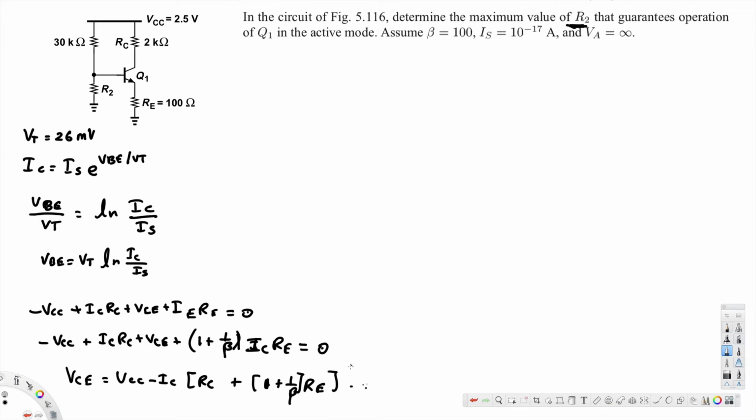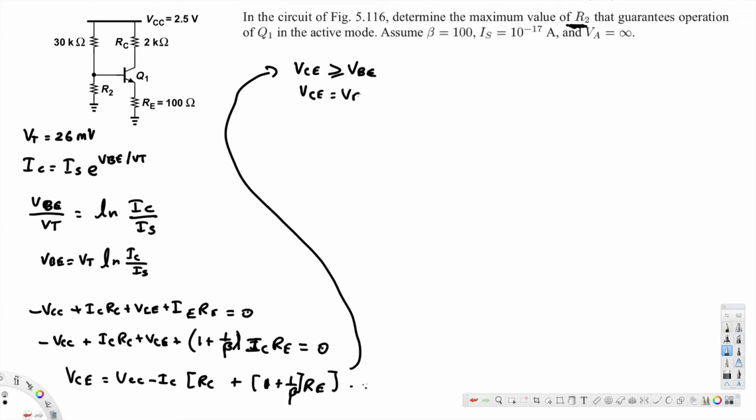Now in the active mode, VCE should be greater than or equal to VBE. Therefore, here VCE can be also equal to VBE. It's equal to or greater than to be in active mode. So we can just equalize this whole thing to VBE.